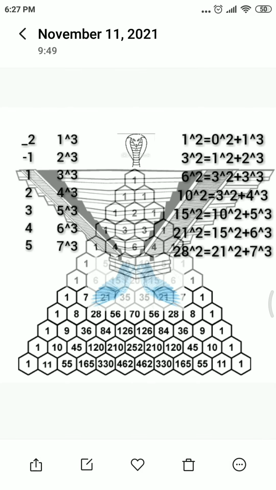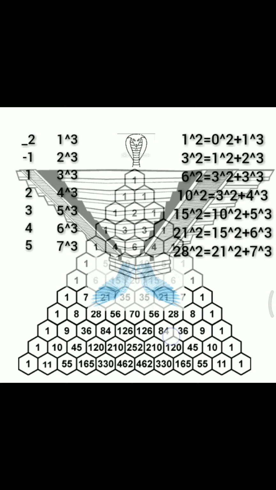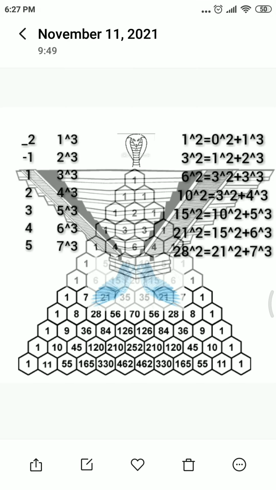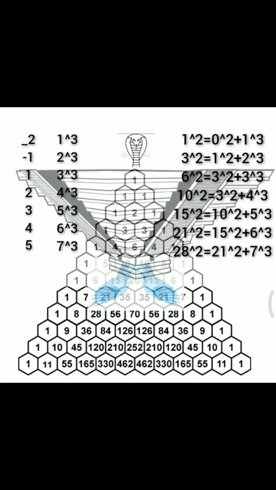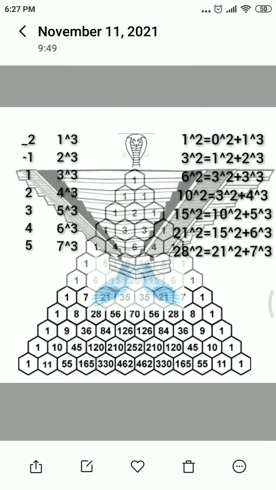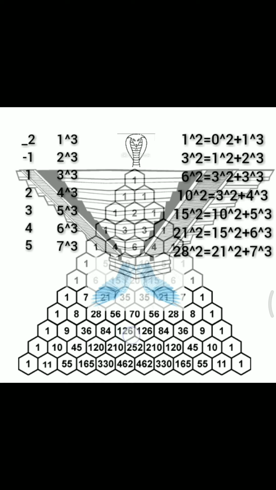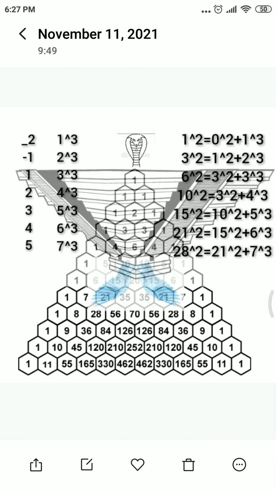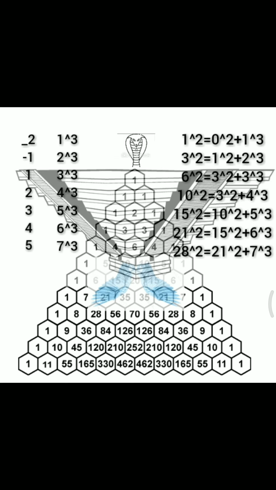See, there is 126 and 126. On either side there may be numbers, but in the center there are 2 numbers, not 1 number. That happens only after 6. So from here onwards, after 6, there will be dual worlds.